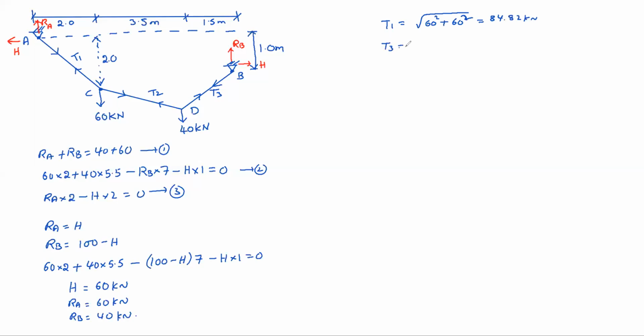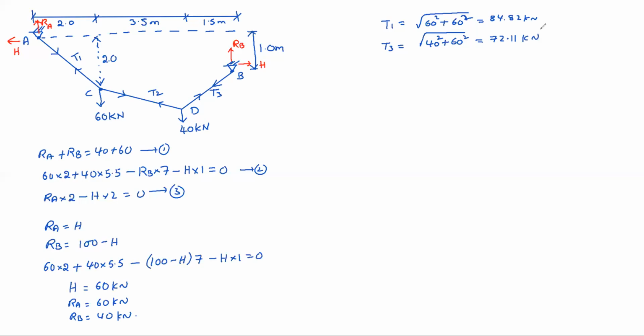T3 equal to square root of RB 40 square plus 60 square. How much? 72.11 kilonewtons. Okay.